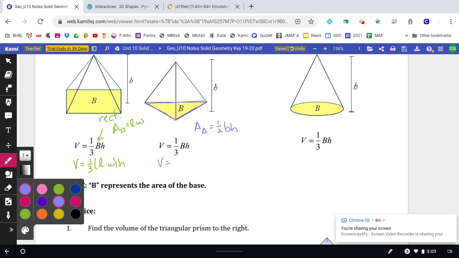One thing we have to be careful of is that now we've used this letter H twice, so we just have to be careful with our notation. And so we'd have 1/3 times 1/2 base of the triangle times height of the triangle times the height of the prism. So I put a little p there just for height of the prism.